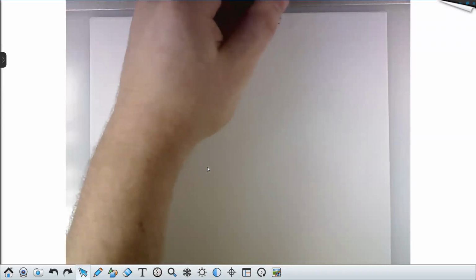Okay. Here we go. So this is MAC1140, section 008, which means it's a pre-calc class, and today is the 14th of October, 2021.